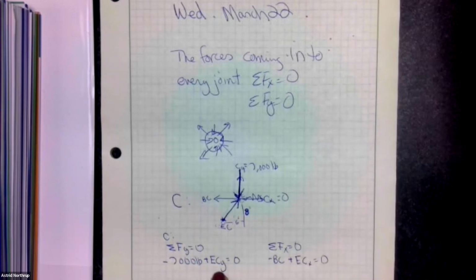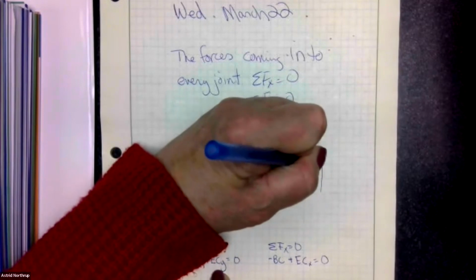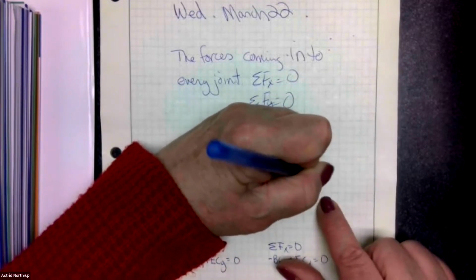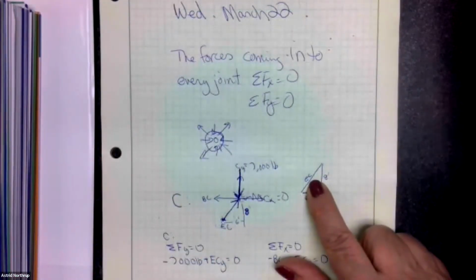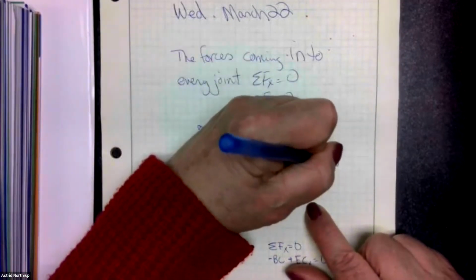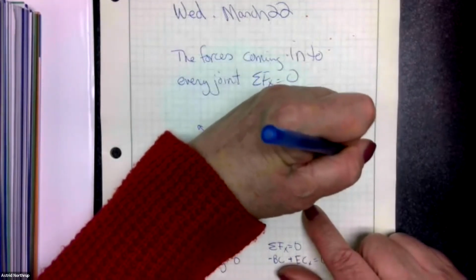Right now it doesn't necessarily look like I have enough data to solve this, but let's take a look at this triangle E sub C. This is EC, this is 8 feet, this is 6 feet. If this is E sub C, I can find out what this angle is. I have the opposite and the adjacent, which is the tangent function.